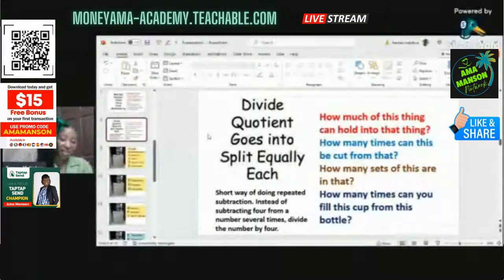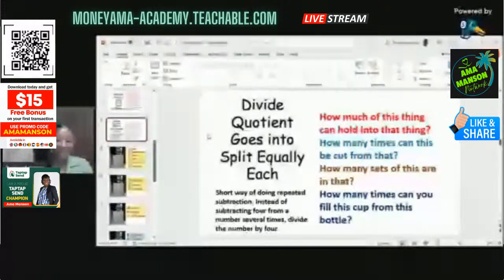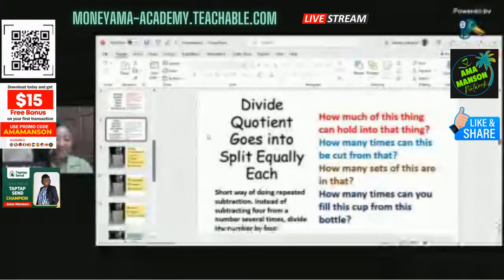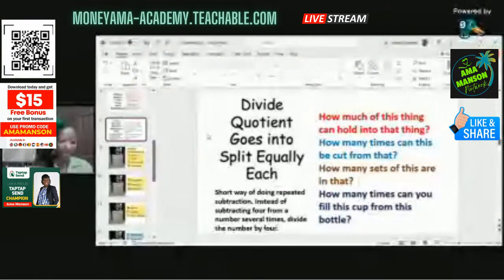These are indications that you're about to do a division operation, right? How much of this thing can fit into that bigger thing? Or how many times can this be cut from that? How many sets of this are contained within that one? How many times can you fill this cup from this bottle, right?